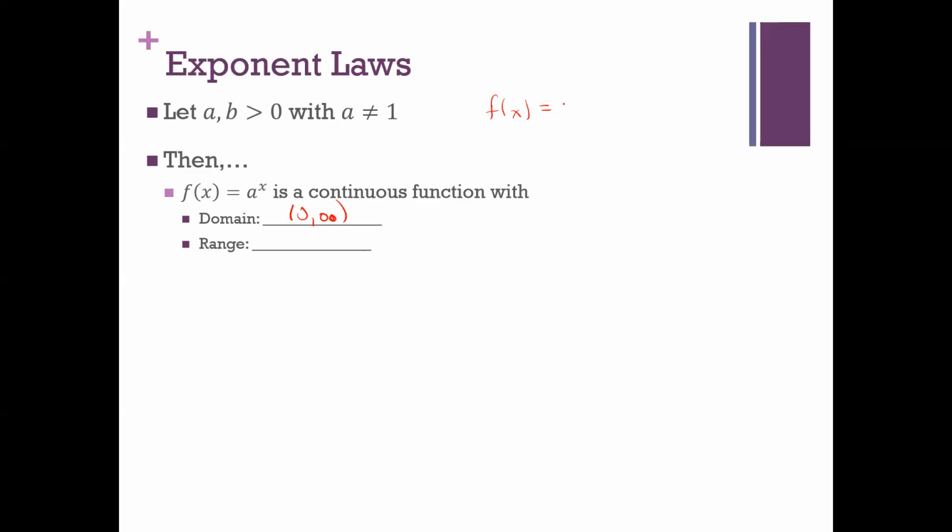Is that okay? So let's say I have 2 to the x. Is f of -2 defined? What is that? Do we think any negative number will work? Yeah. The domain is actually the real numbers.